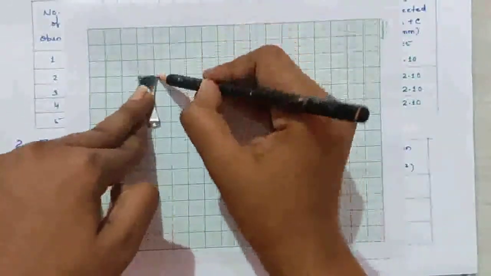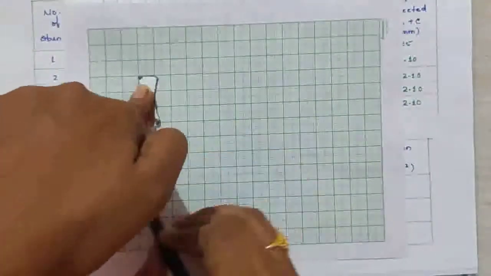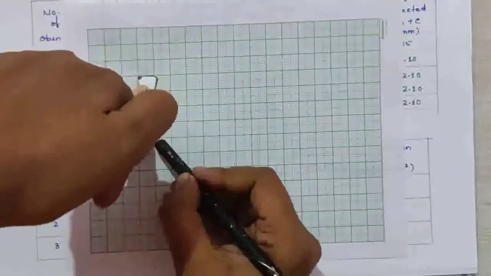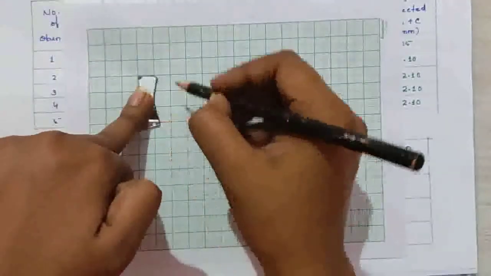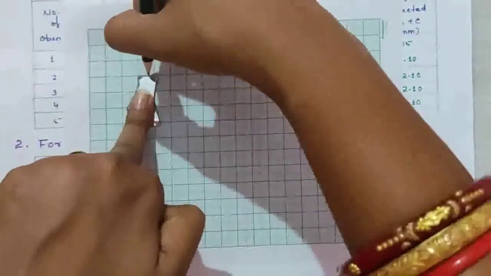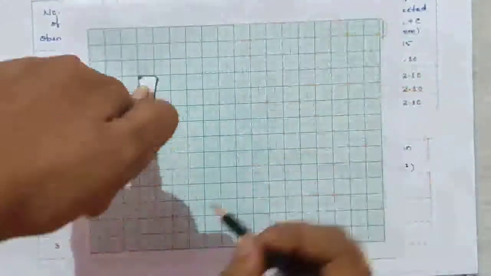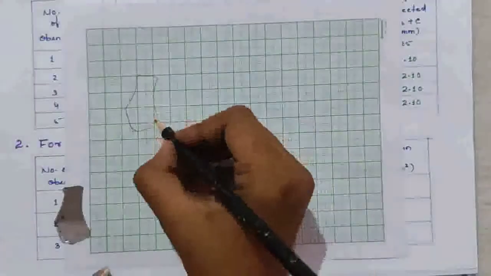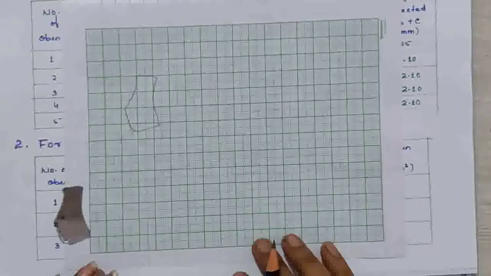Just take the outline of the glass lamina that you have used while performing the experiment. Okay, then I'll tell you what to do. Yes, now see, this is the outline of the lamina.